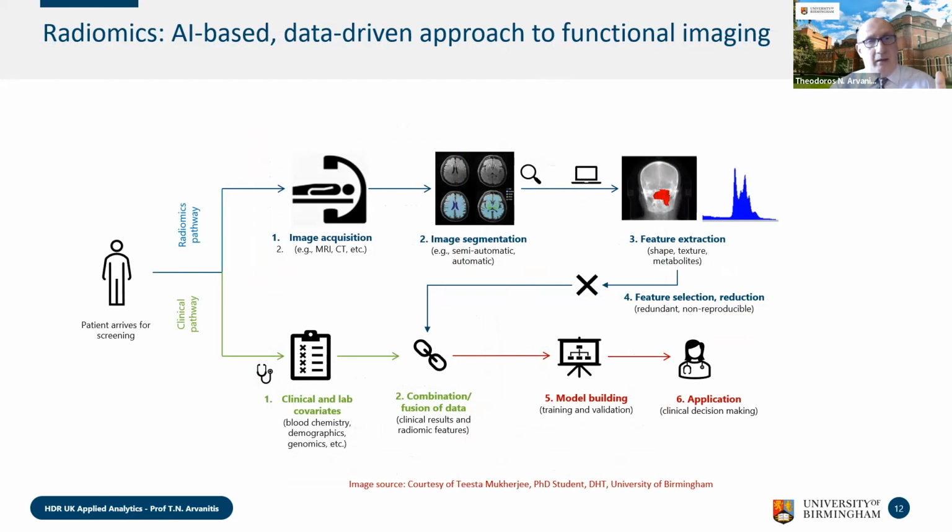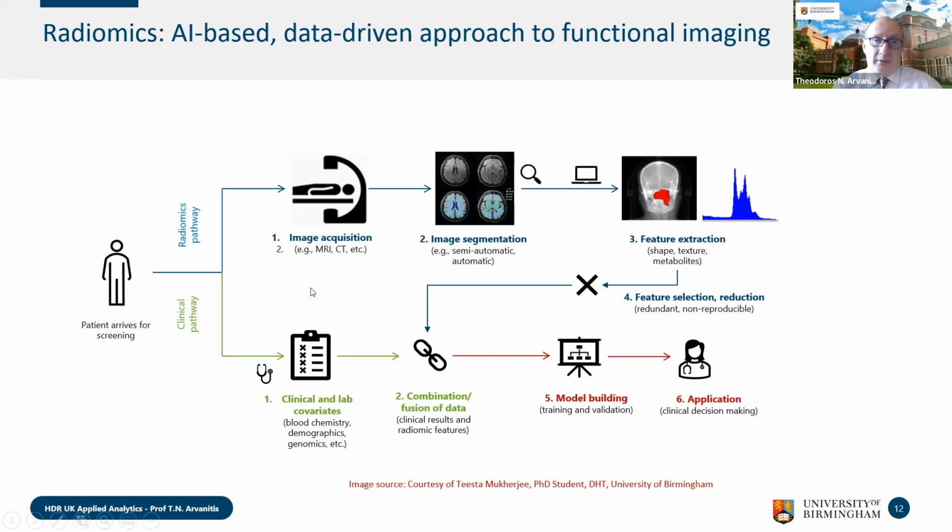So I think radiomics gives us the opportunity to take this quantitative data that comes out of functional imaging and use appropriate AI-based approaches to take interesting quantitative features out of this data, combine these features with clinical and other relevant information, including genomics, to build AI-based models that allow us to make specific clinical decisions in terms of diagnosis, prognosis and monitoring of disease.